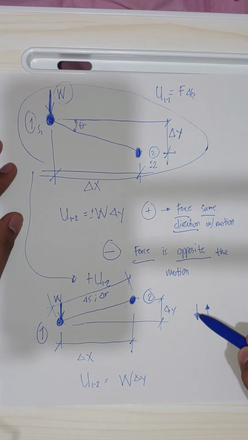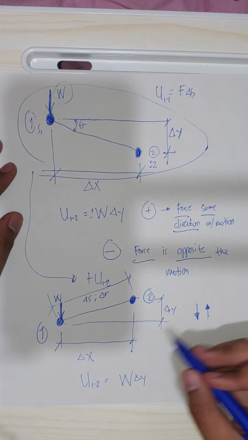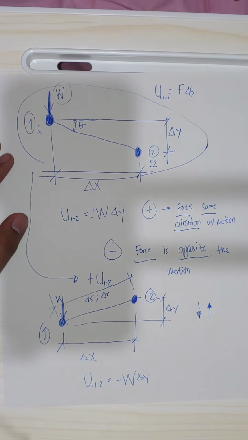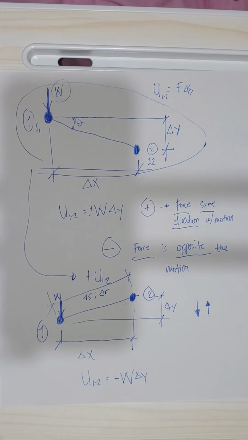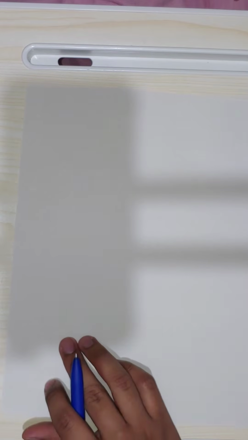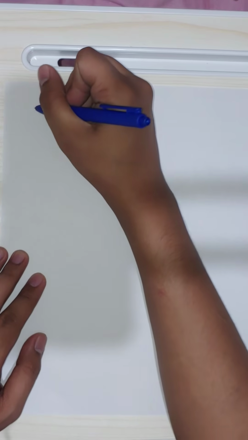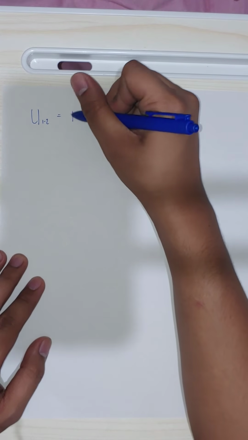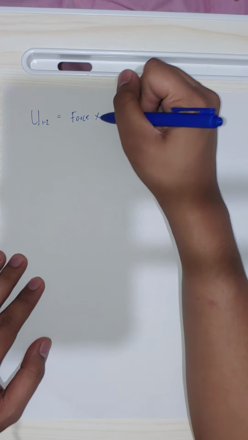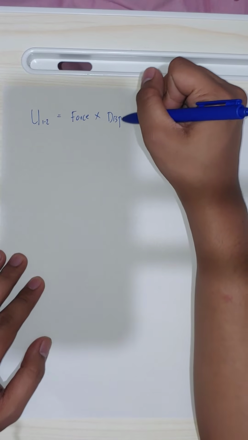Since the force is downward and the motion is upward, this is a negative work. It is that simple. Work is just force times distance. Work from the initial to final position is just force times the distance or the displacement.